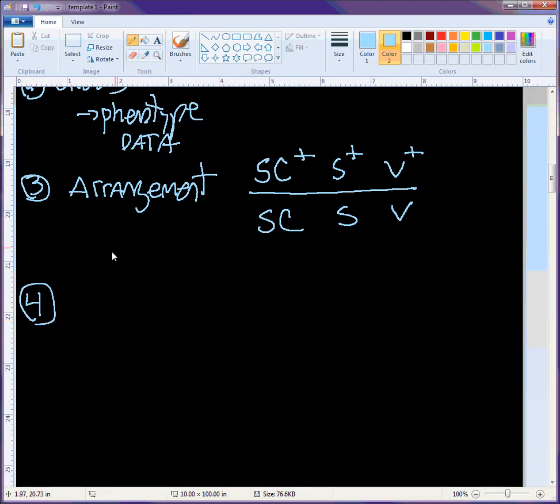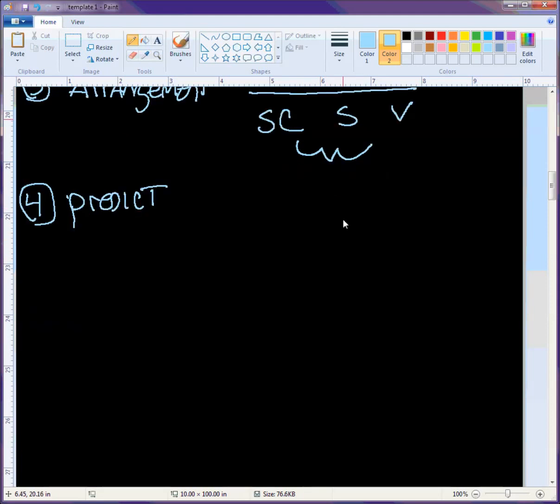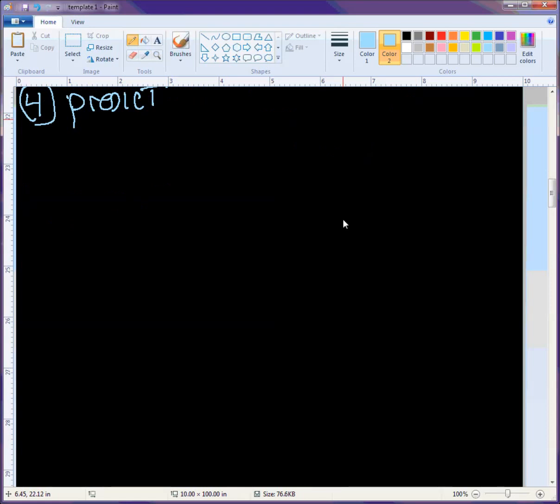So now that we know the arrangement, we can predict the various classes of gametes, the 4 classes of gametes that should result from meiosis in this individual right here, in these female flies. So let me map that out for you down here.